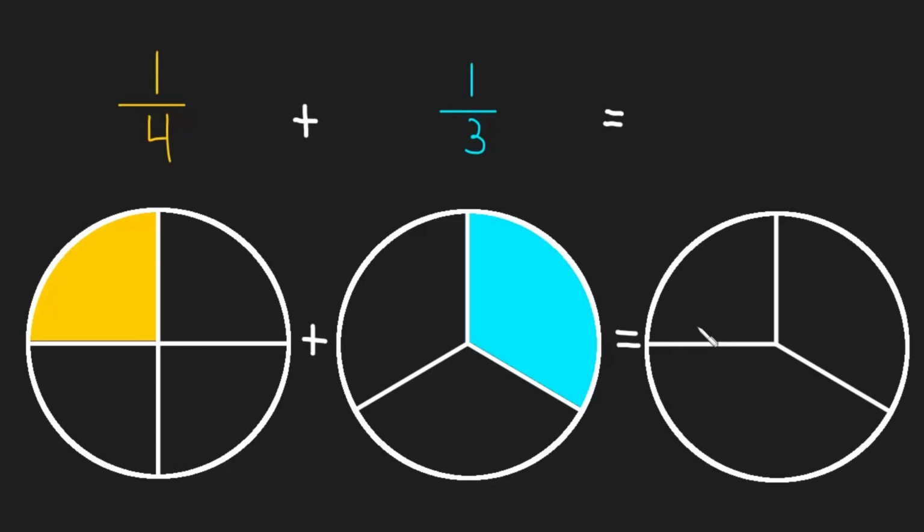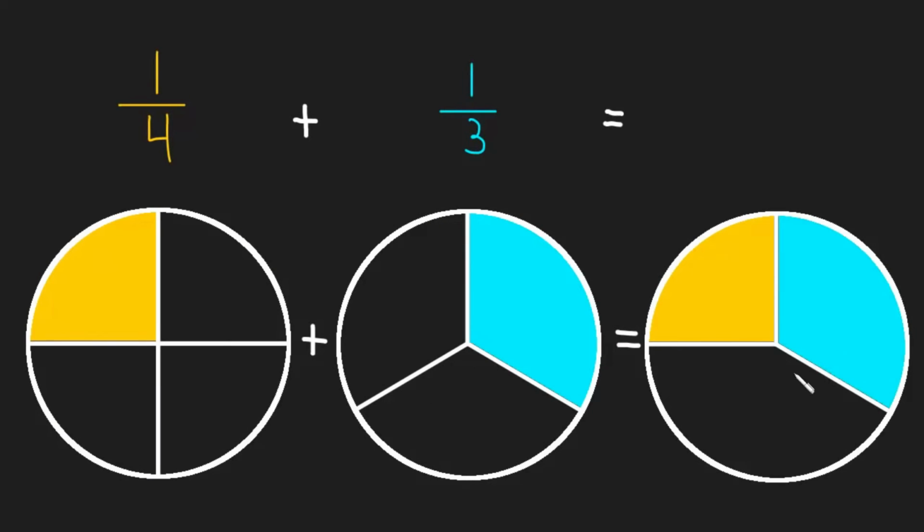Well, visually, it's not too hard to imagine. It's just going to look something like this. That's the total amount we have. But what would that look like as a fraction?